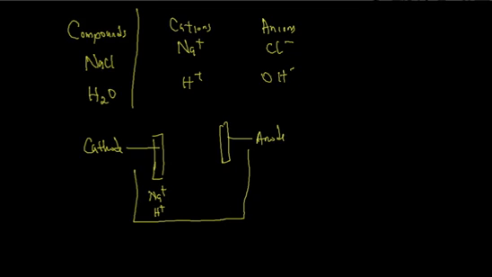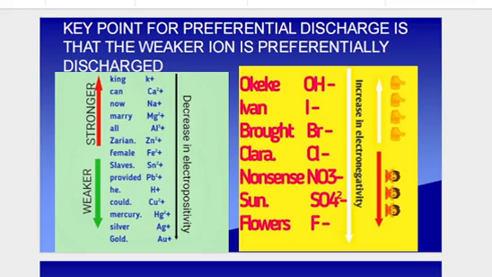Look at the table. So this is sodium, this is hydrogen. Between them, who is going to be discharged? Who will be left in the solution? Hydrogen. Hydrogen will be discharged.